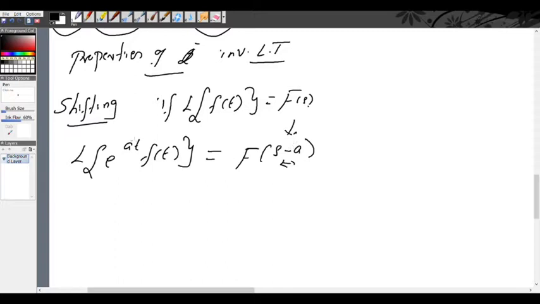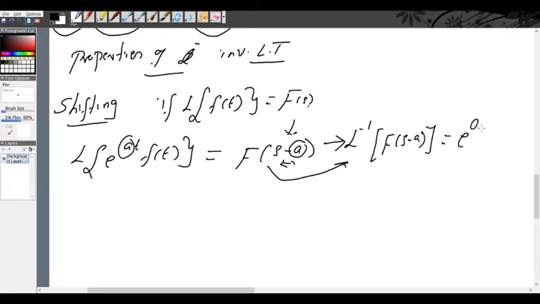We have already discussed this. But in the inverse Laplace transform, the inverse Laplace transform of F of s minus a is equal to e power at into f of t. So this is the shifting property in the inverse Laplace transform.